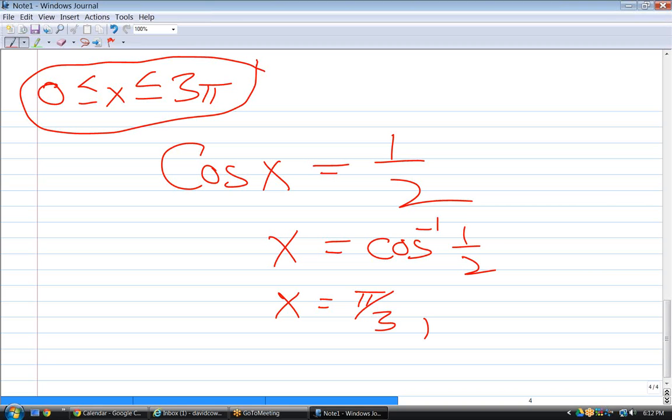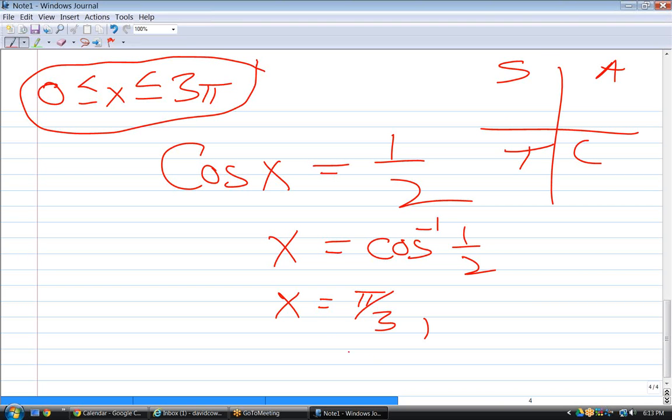We're in the fourth quadrant where cosine's going to be positive again. In other words, if we look at our unit circle, we got all students take calculus. Cosine's positive in first and fourth.